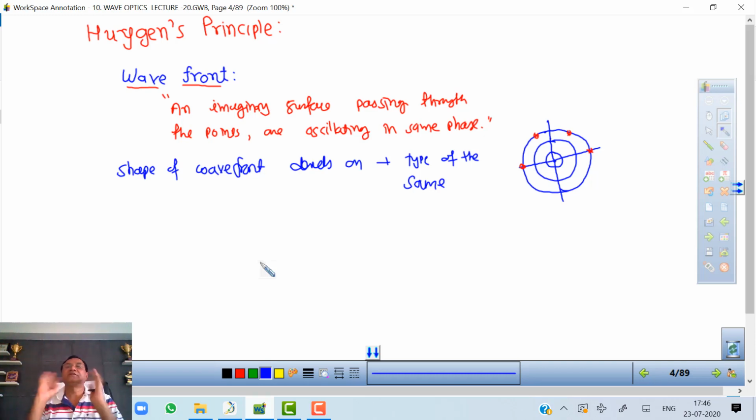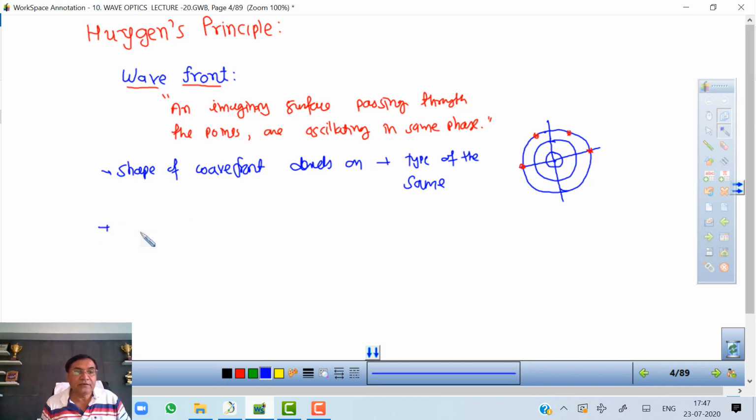If a bulb, then it is spherical. And in focus lights with many LEDs, the wave coming out is plane type. So if you go very far, it is spherical, but if you take a small part of that, it is plane type. So whatever the type of wavefront, if you go very far from the source, it looks like a plane type.